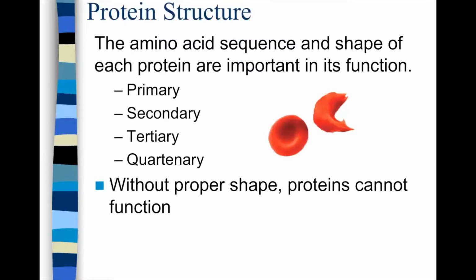Secondary structure is when that polypeptide chain begins to fold and twist. This is determined by weak electrical attractions within the polypeptide chain, for example, hydrogen bonds. And secondary structures can be helixes or pleated sheets.